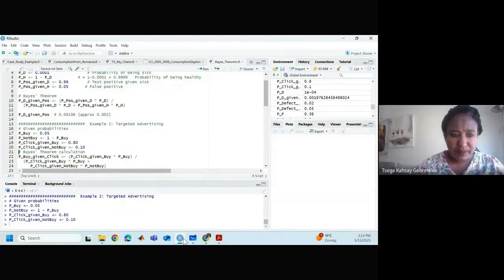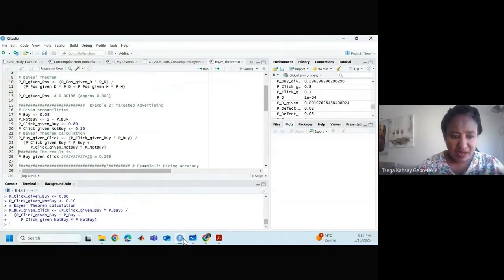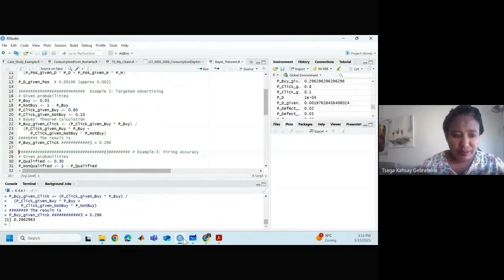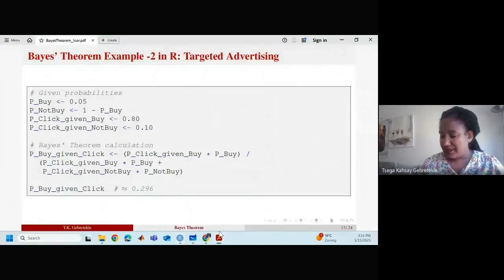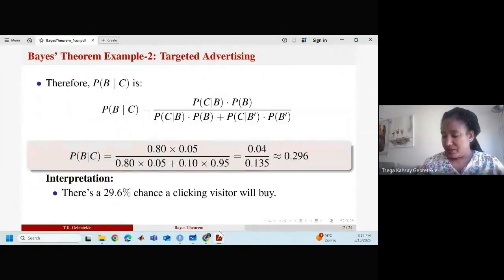And so using the Bayes theorem, we can have the probability of buy given click, which is 0.296, and we can interpret it as a 29.6% chance a clicked visitor will buy.